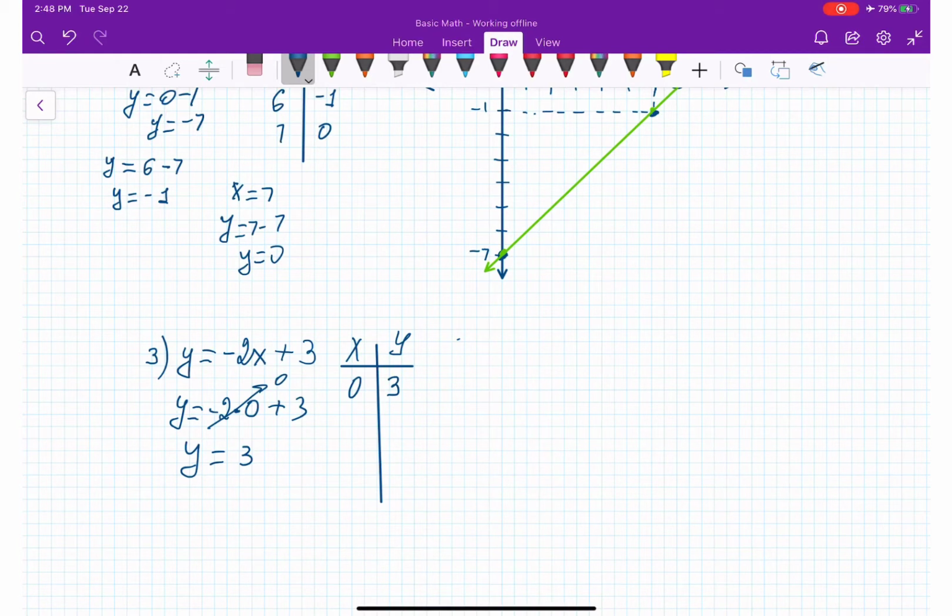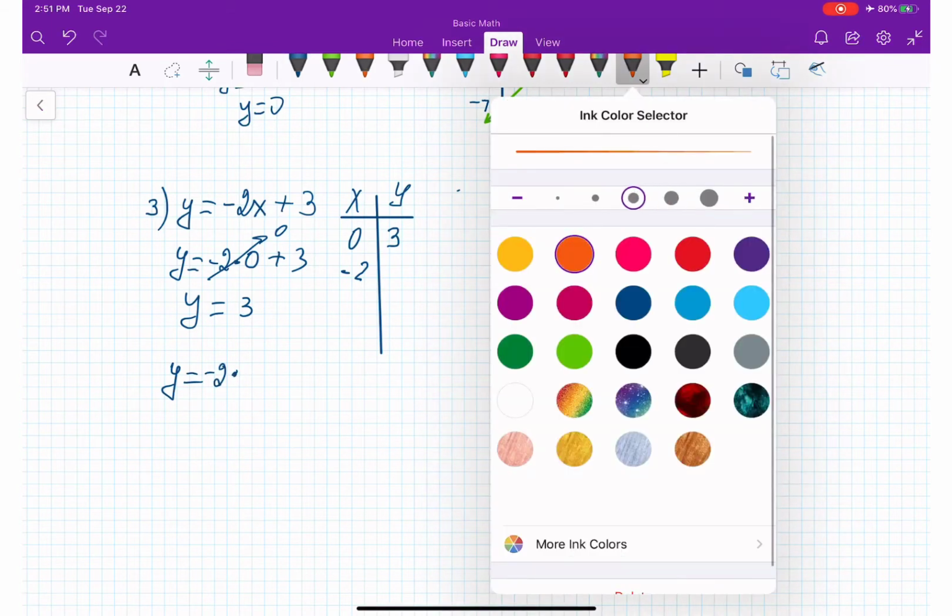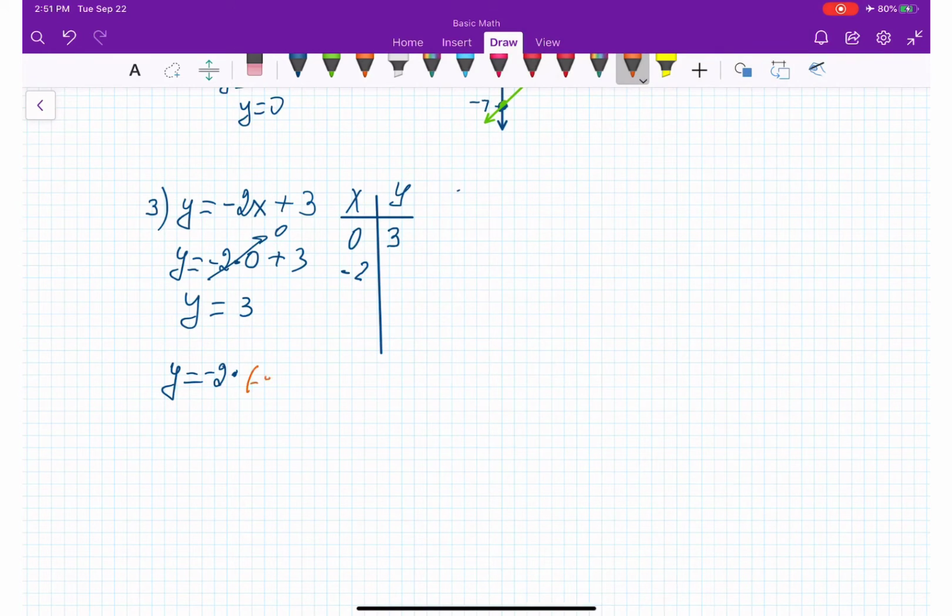X is equal negative 2. Okay. So y is equal negative 2 times negative 2, right? And plus 3. So what do we have? Y is equal positive 4 plus 3. Y is equal 7.